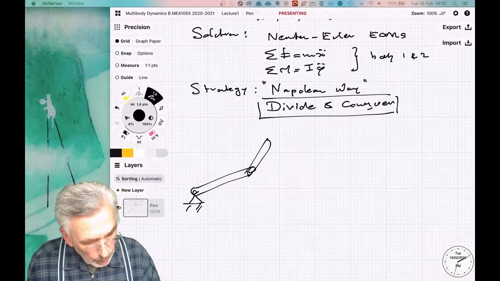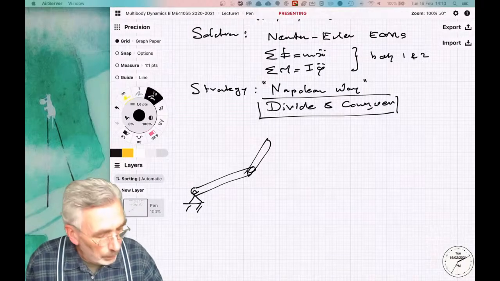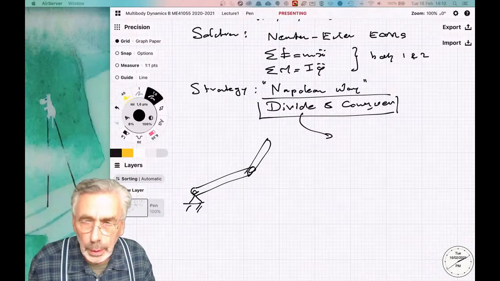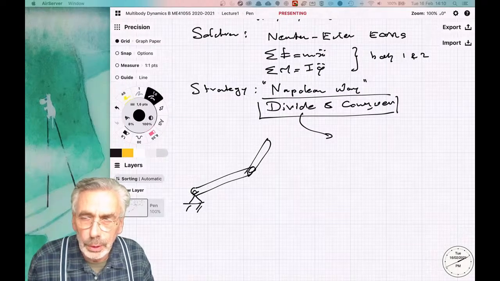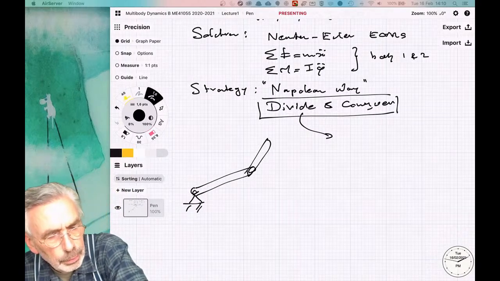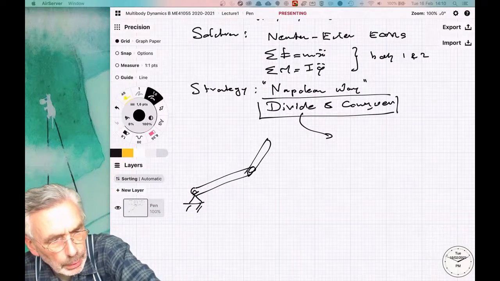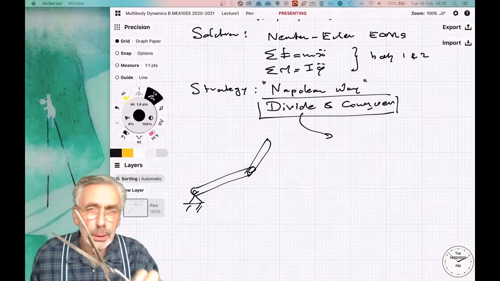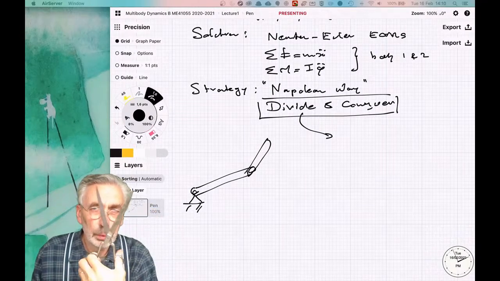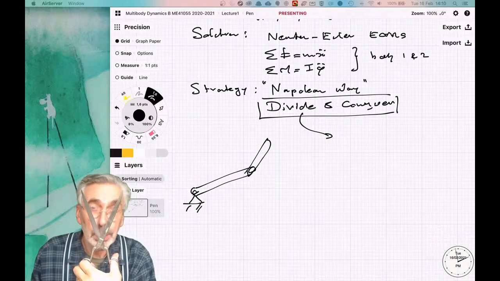Well, first of all, our mechanism to divide is the most powerful instrument of the engineer. Everybody has it on their desk, I think. Scissors.